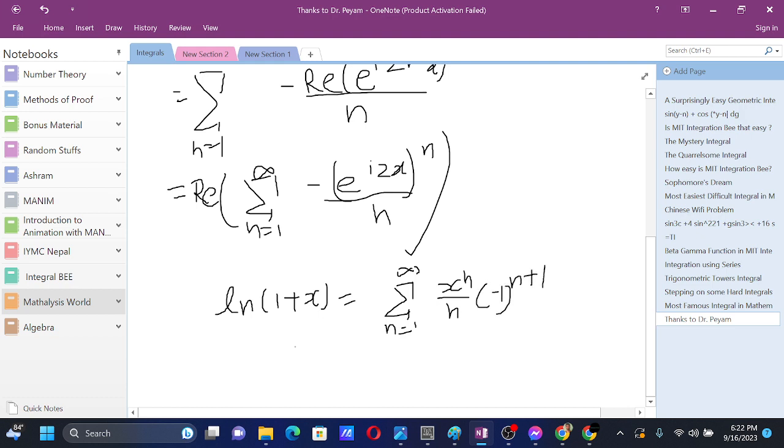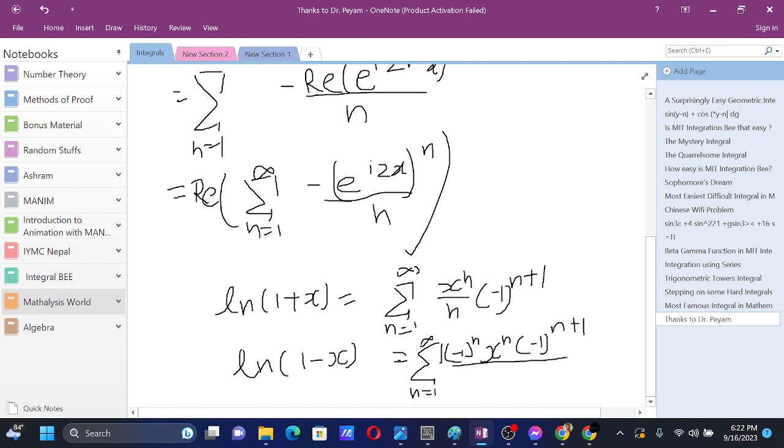So you should have seen this sum, and if we have 1 minus x over here, this will be the summation from n equals 1 to infinity of minus 1 to the power n, x to the power n, times minus 1 to the power n plus 1 by n.